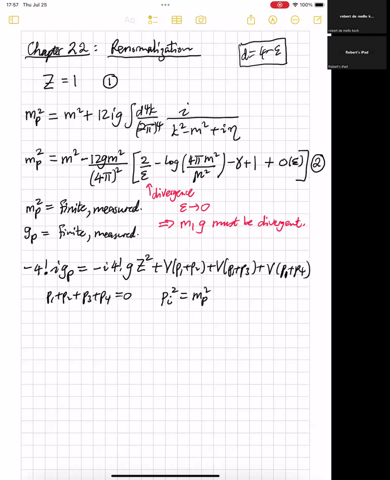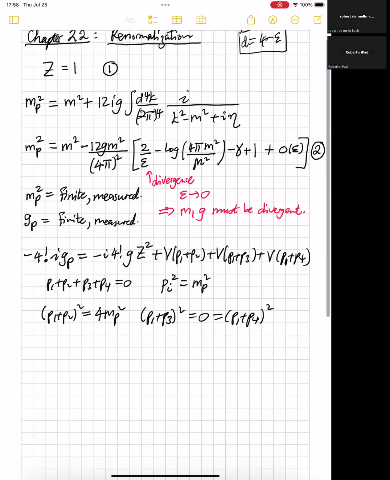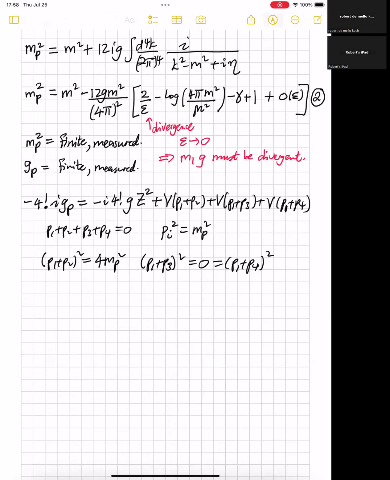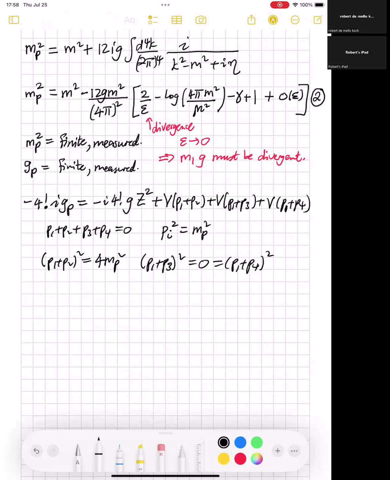And we also wanted (p1 plus p2) squared to be equal to 4 times the physical mass squared, and (p1 plus p3) squared to be 0, equal to (p1 plus p4) squared. Good. So this was the condition. And now let me tell you what V was. I'm going to call this equation sitting over here equation 3. That was our third matching condition.